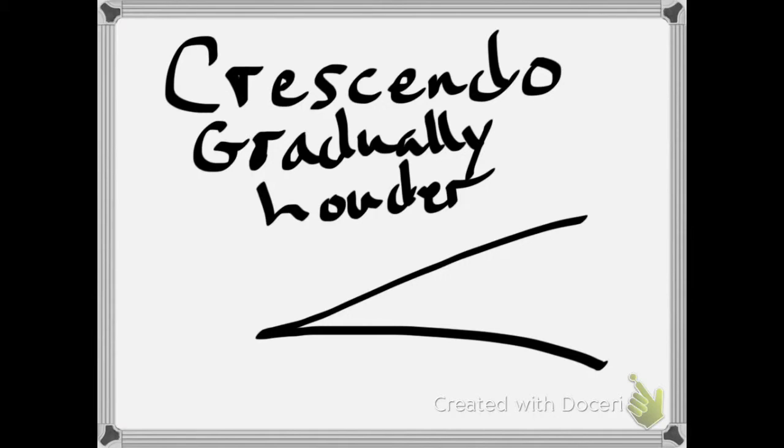This is what the symbol looks like: a little sideways, long V. When you see that, for the length of how long that crescendo lasts in your music, that's how long you should be getting louder. Again, crescendo means to gradually get louder, not all at one time, but little bit by little bit.